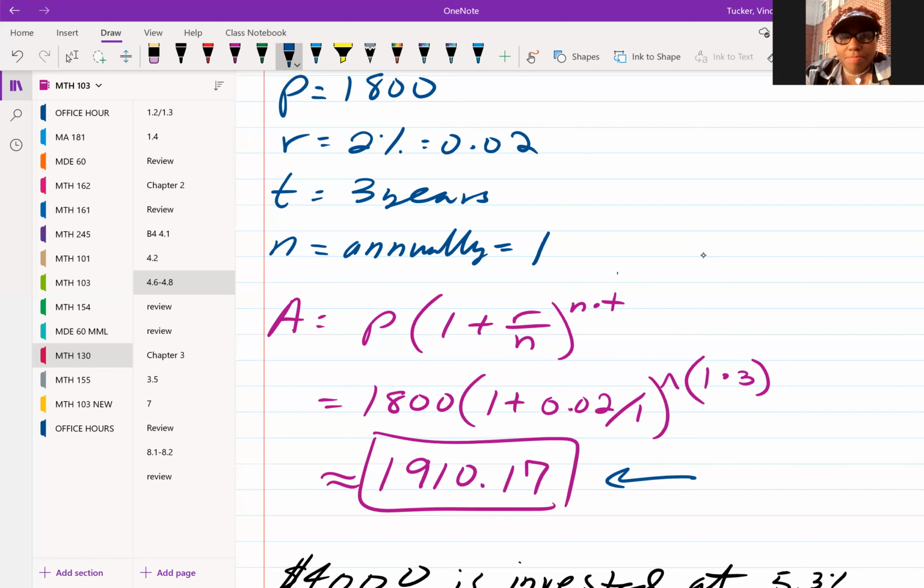I've got to understand that whole thing in order to get to that. I've got to figure out how to put that in the calculator, so I'm going to have to have a calculator class. Yeah, with me and you. Because I'm trying to figure out how you put it in the calculator. I keep doing it. And the reason I say individually is because everybody doesn't have the same calculator.